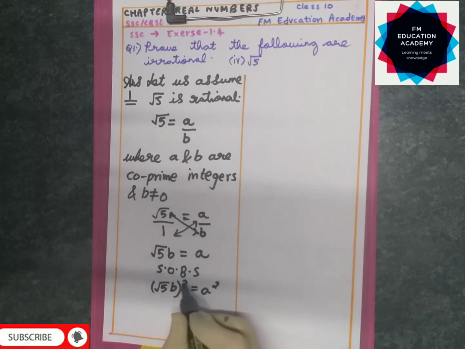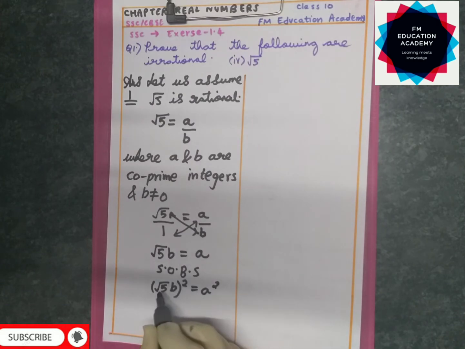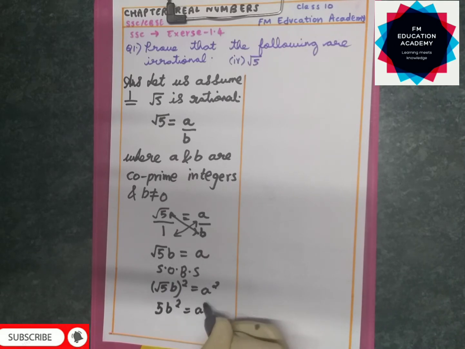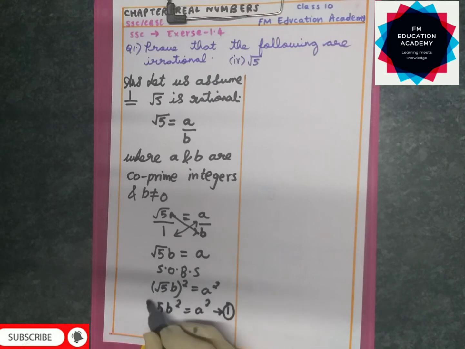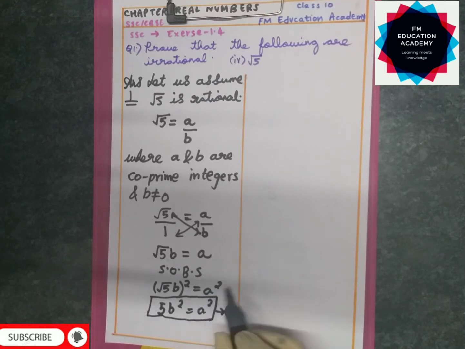Be very careful when you do whole square, because this whole square belongs to root 5 as well as b. So root 5 whole square means root 5 into root 5 is 5, and b square is b square only. So what did I get? 5b square is equal to a square. I will assume that this is my first condition: a square is equal to 5b square.